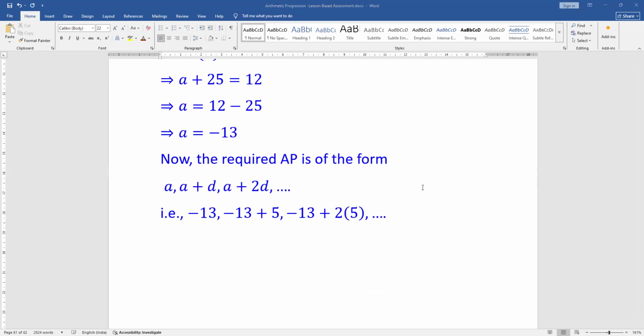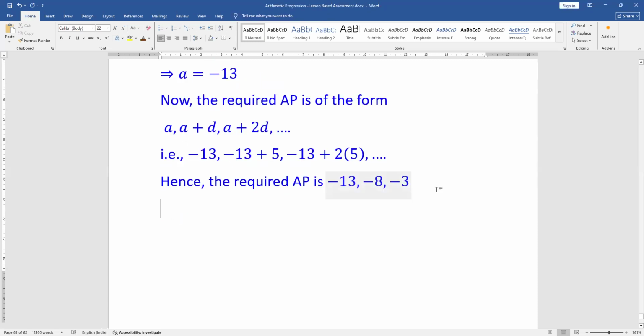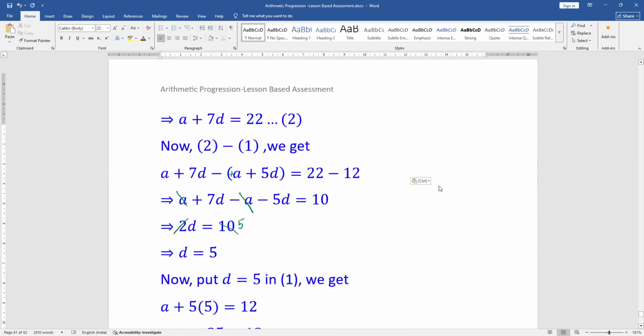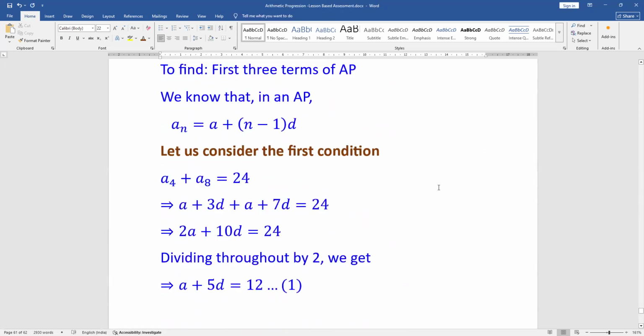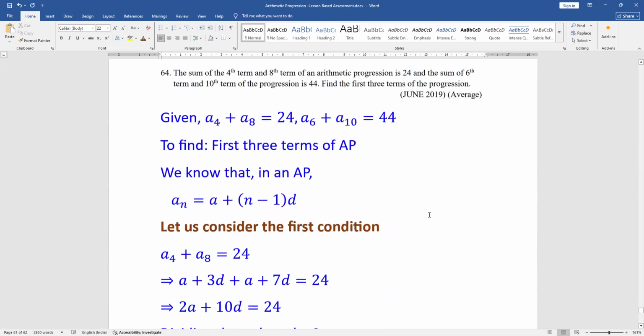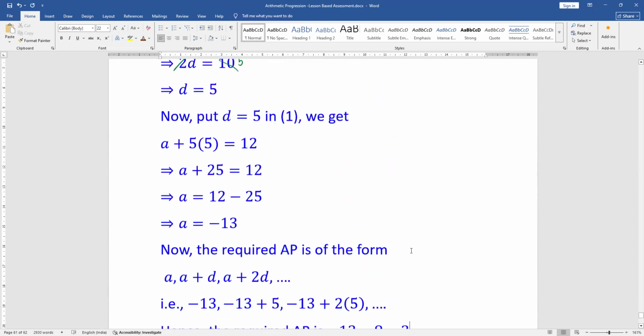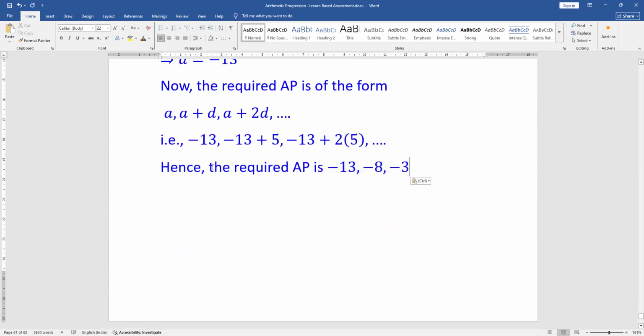Okay, so now -13 plus 5 is how much? -8. And -13 plus 10 is -3. So the required AP is -13, -8 and -3. What have they asked? They asked for the first three terms. So the first three terms of the AP are -13, -8 and -3.